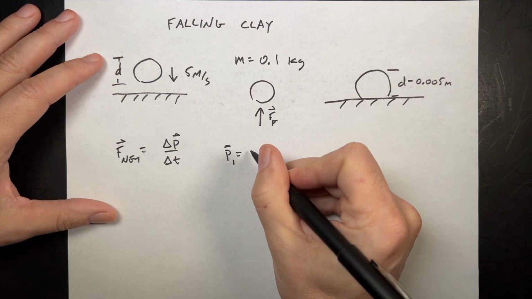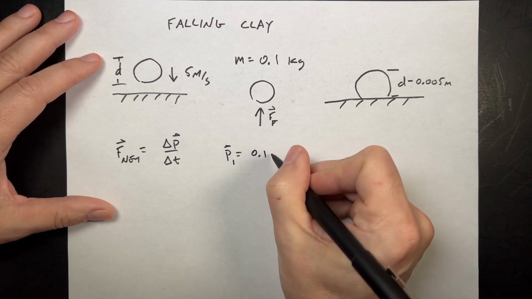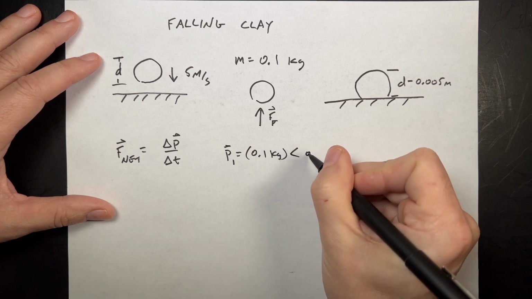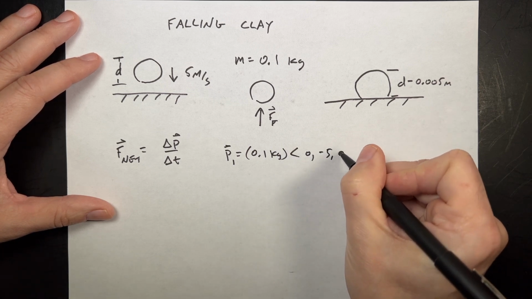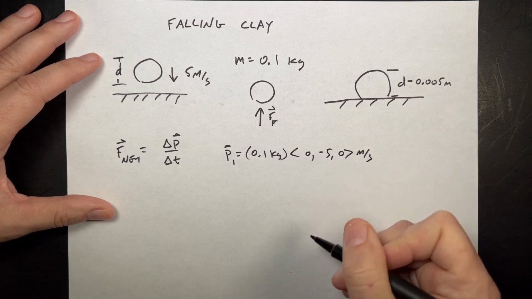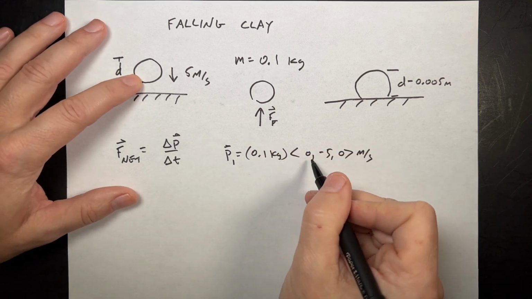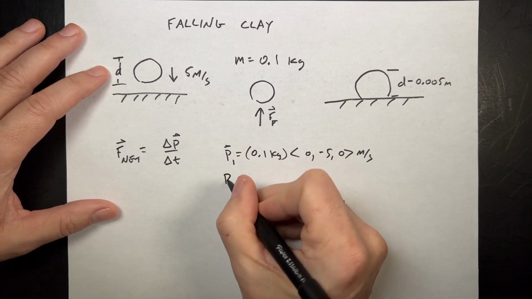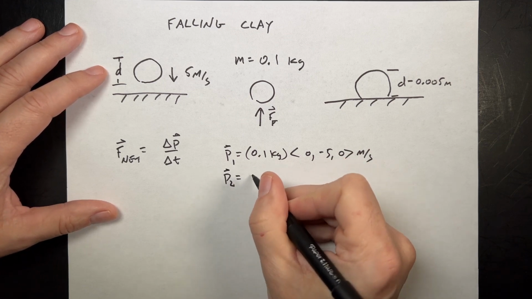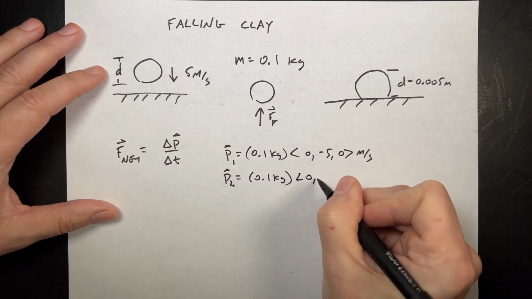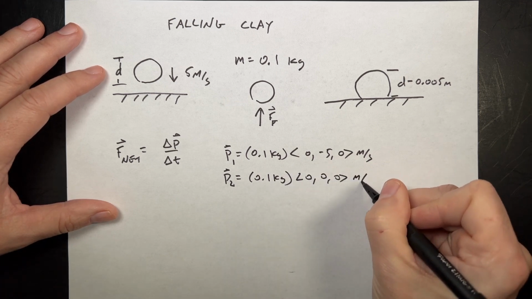So let's write down vectors for the initial and final momentum. P1 is going to be equal to 0.1, the mass in kilograms, times the vector 0, -5, 0 meters per second. It's mass times velocity. Then P2 is the momentum after the collision, which is 0.1 kilograms times the vector 0, 0, 0 meters per second because it stopped.